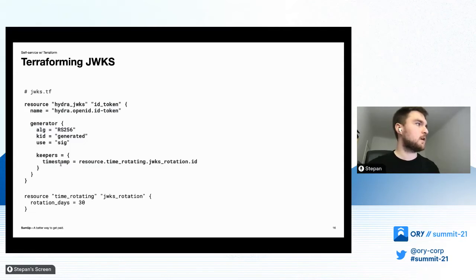And I can use this as a keeper in my JWS resource. What it will mean is that it will generate the key once, but every time the keepers change, and keepers are just arbitrary key values, I can regenerate my key set. And this is very convenient because I don't have to think about key rotation. I can just declare how often I want them to rotate.